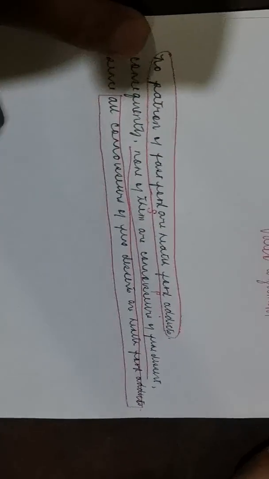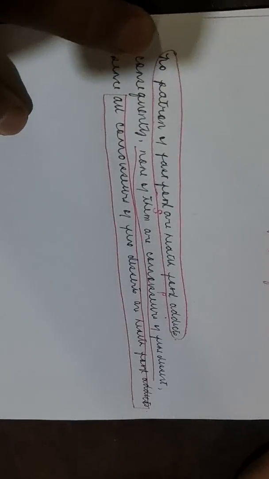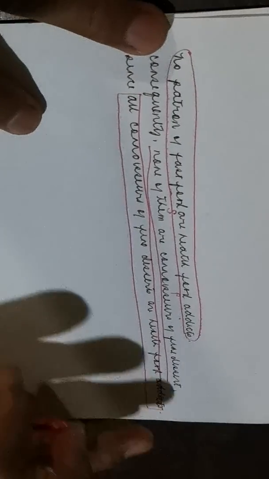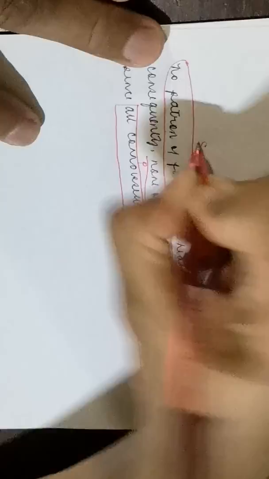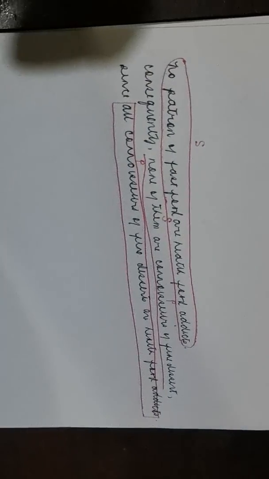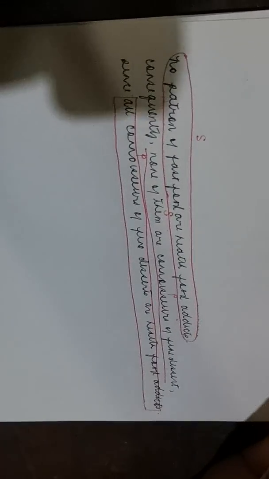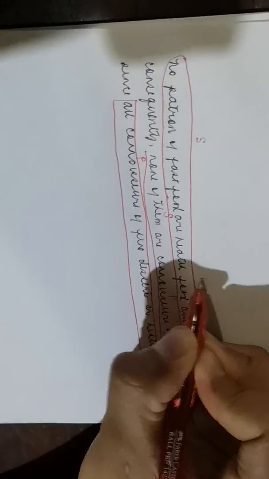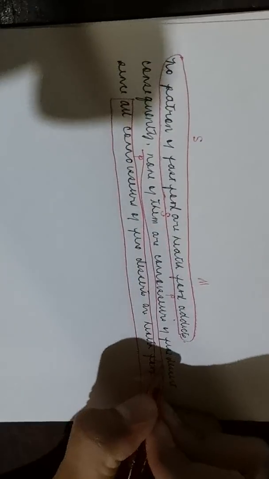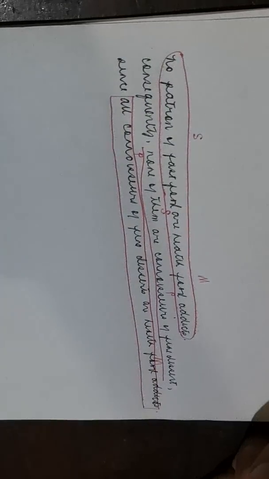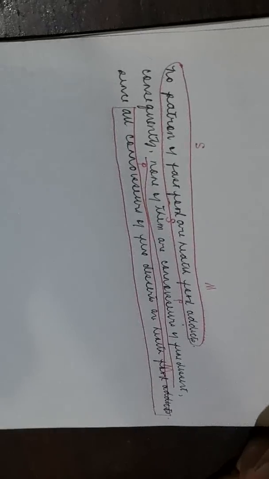So going back, all connoisseurs of fine desserts are health food addicts. We label P, connoisseurs. No patron of fast food, S. Okay. Now our middle term is health food addicts.